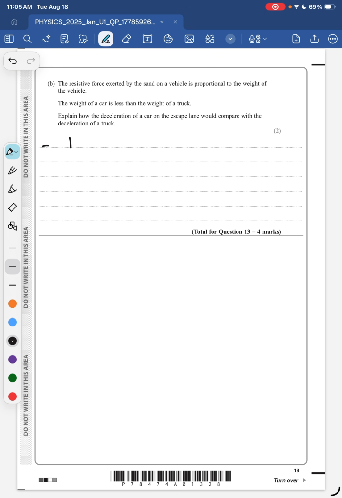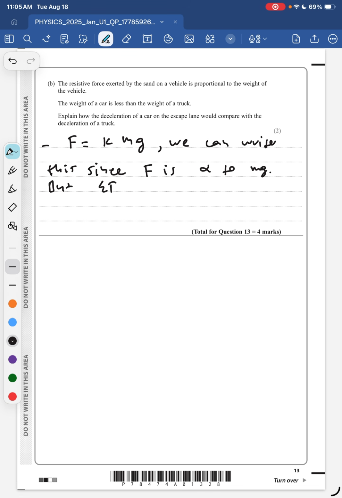So they are telling us that the resistive force F is proportional to M times G, okay?